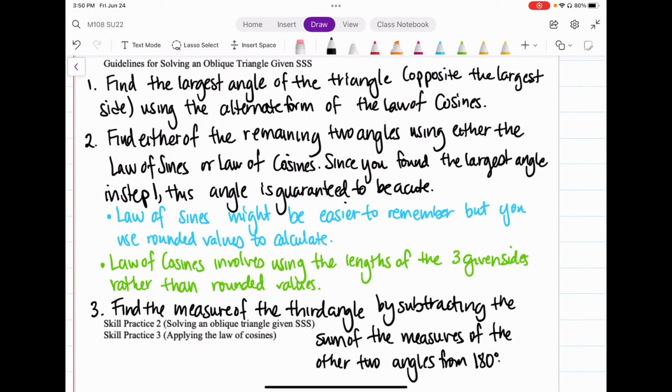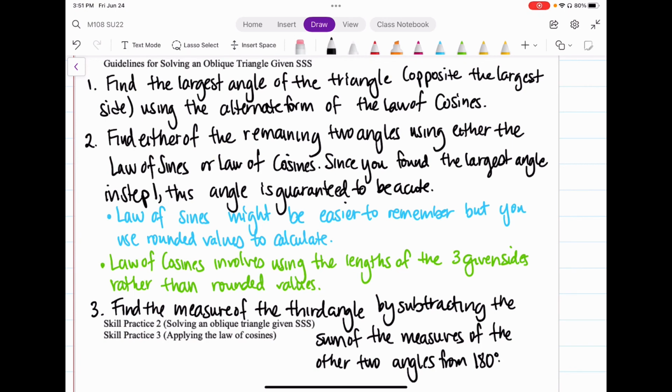Here are the recommended guidelines for solving an oblique triangle given side, side, side. You want to find the largest angle of the triangle, which is opposite the largest side, using the alternate form. And then you want to find either of the remaining 2 angles using either the law of sines or law of cosines. These are both going to be acute because the angle that you found in the first step is your largest angle.